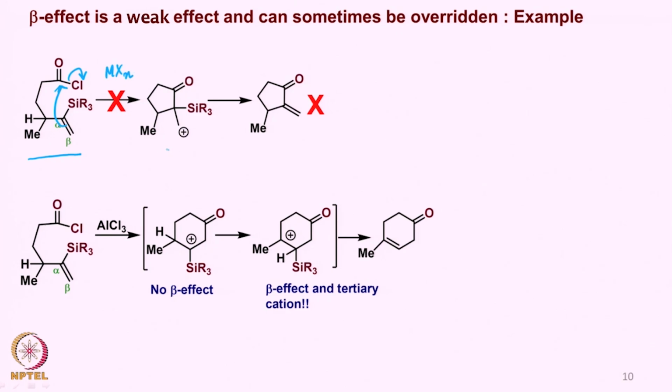But then as you can see here that you have formed a primary cation, although it is beta to the silicon, but it is a primary cation, and therefore formation of this after the loss of carbon silicon bond does not happen.